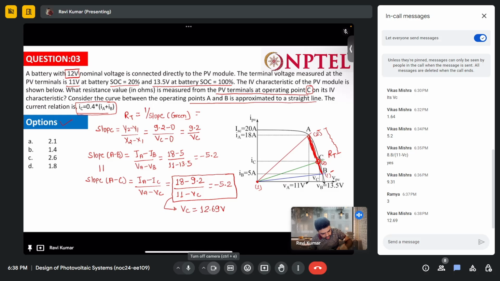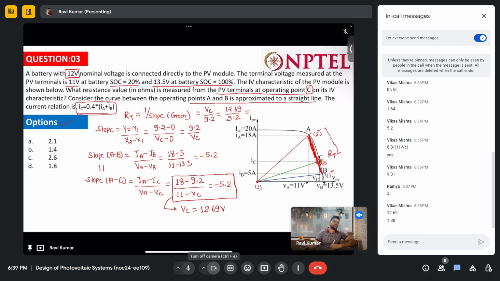Okay. Now come to this point. This RT will be the inverse of the slope, and the inverse of the slope will be VC divided by 9.2. Put the value of VC, 12.69 divided by 9.2, will equal how much? 1.38 ohm, and that is approximately 1.4.